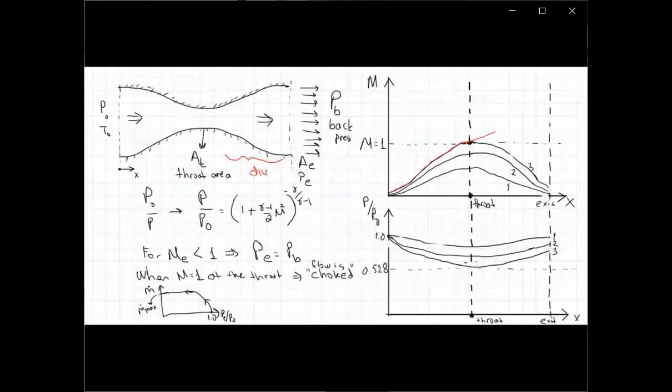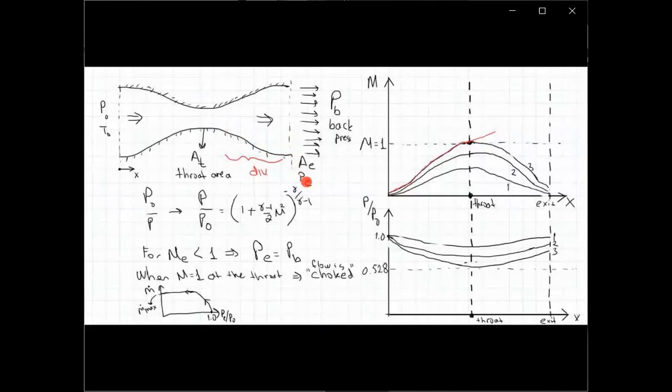However, this exit pressure is still high. To obtain fully supersonic flow in the entire diverging part, that can only happen at one specific exit pressure.